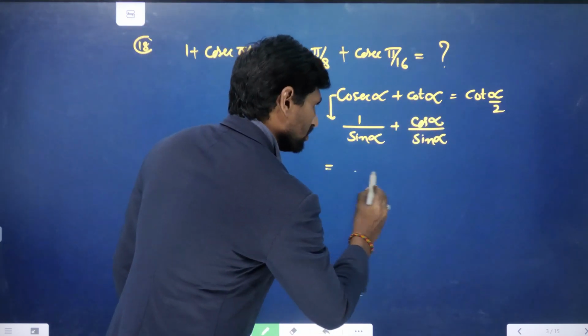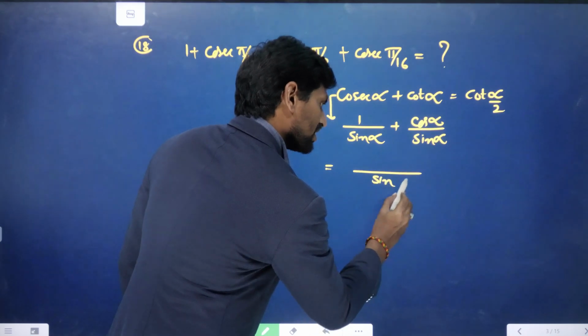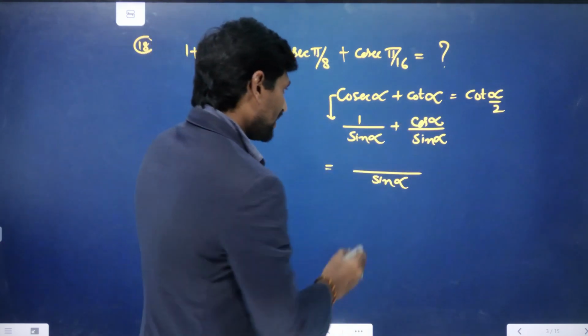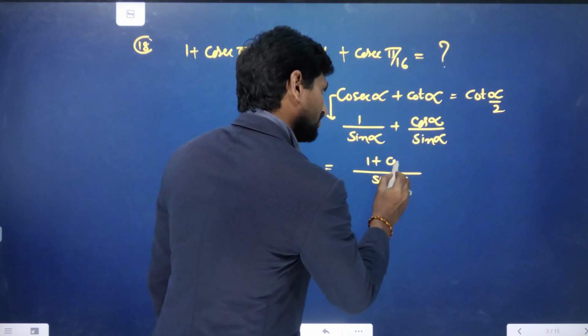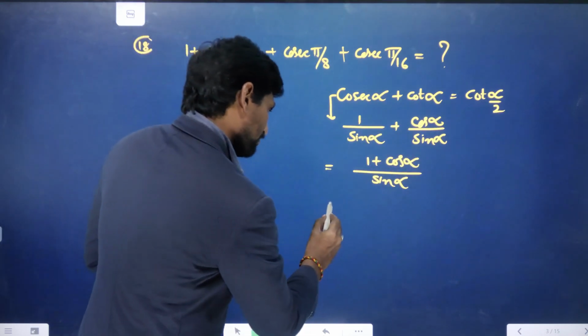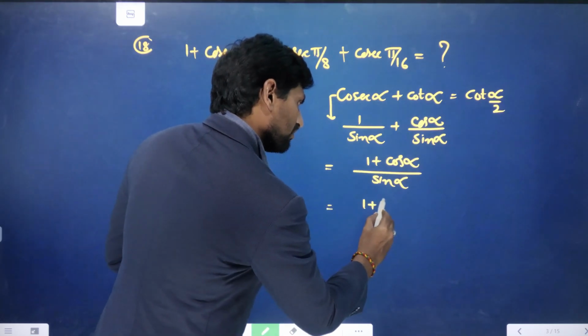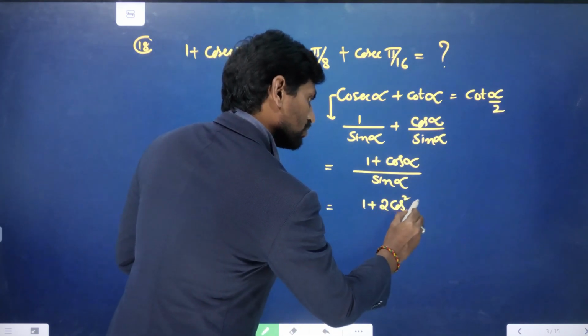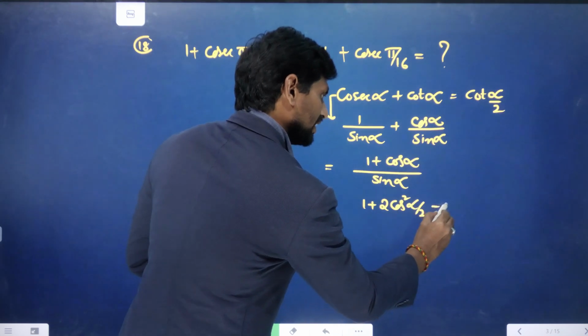That is equals to, both are having the same denominator, sine alpha. Now we can write this one as 1 plus cos alpha. So simply cos alpha we should write as 2 cos square alpha by 2 minus 1.